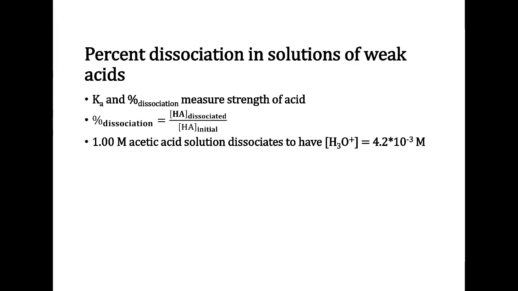This is more likely to be a multiple choice question if you were to encounter this. But what this shows us is that Ka and this percent dissociation are a way to measure the strength of the acid. So your percent dissociation would be how much is dissociated divided by the initial concentration.